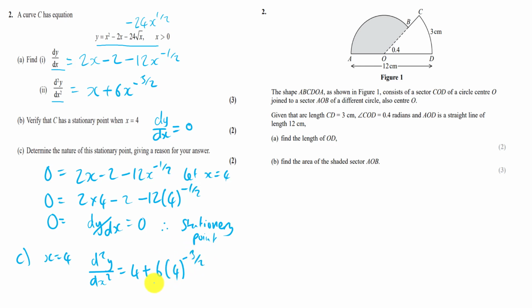I suggest you substitute it in to get your method marks, which equals 2.75. Now the second derivative is greater than 0, so we write therefore it's a minimum point.